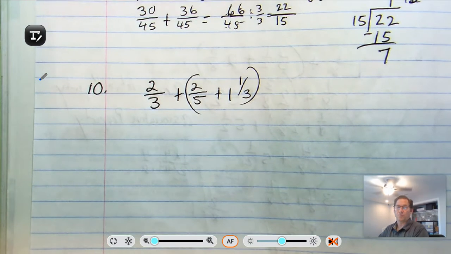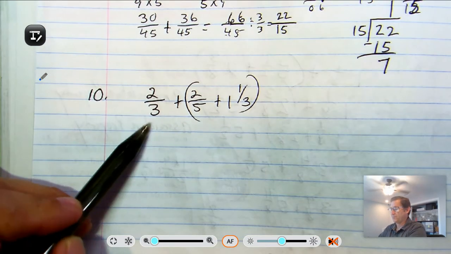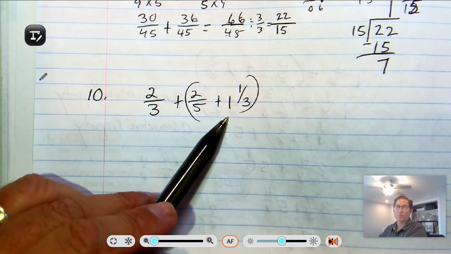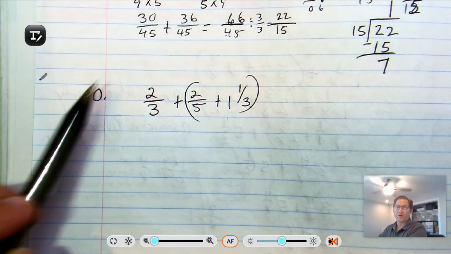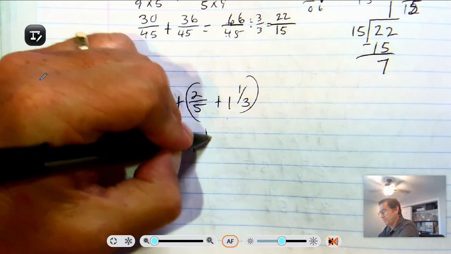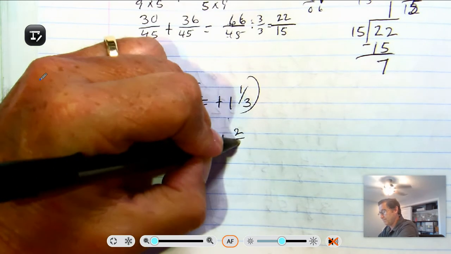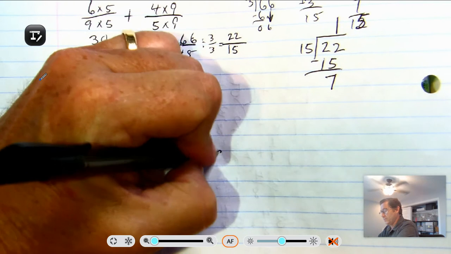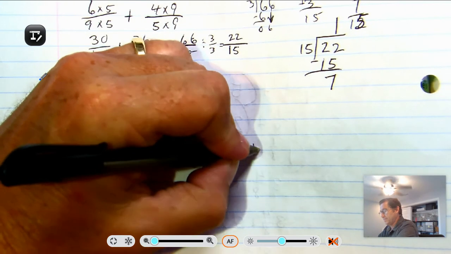All right, so right now we have 2/3 plus the sum of 2/5 and 1 and 1/3. I want to add the thirds. So I'm going to change the order using the commutative property of addition.